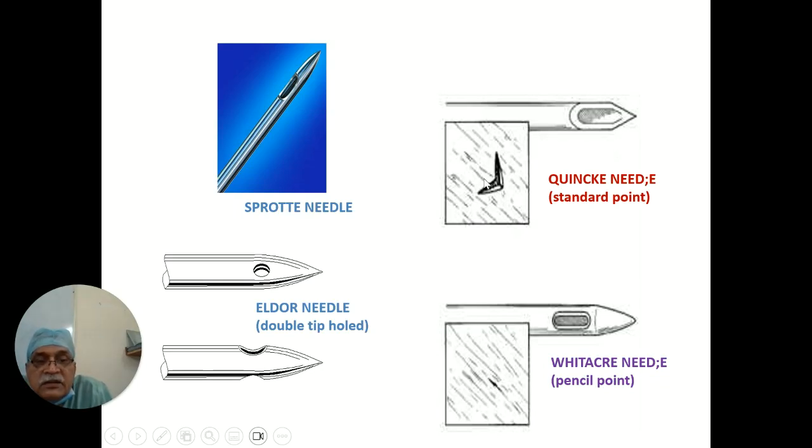This is a cutting needle. The dural hole is a little big, whereas with this non-cutting needle, the dural hole is very, very small.